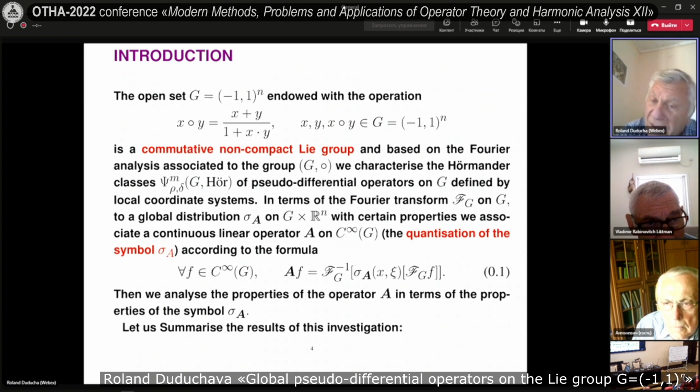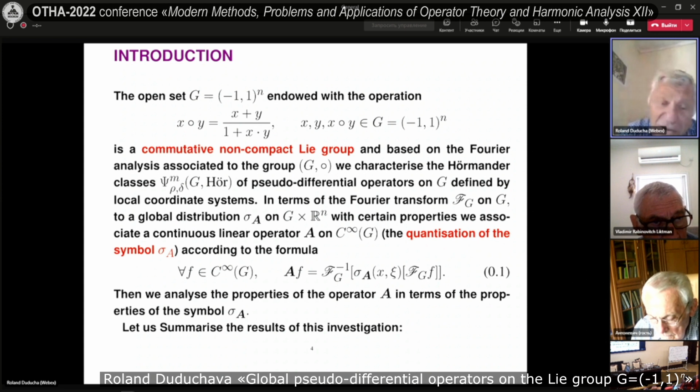It maps G into itself, and it becomes a Lie group, because it is also a manifold, of course. It is a very simple Lie group. We identify here the Haar measure and representation of this group. And of course, then we have the Fourier transform on this group.